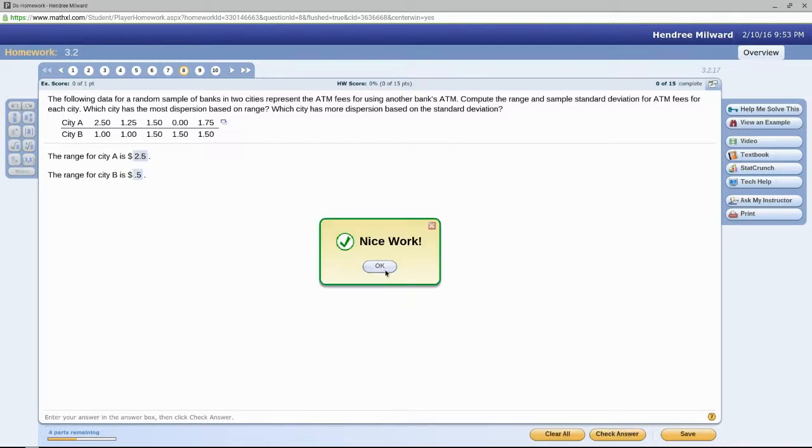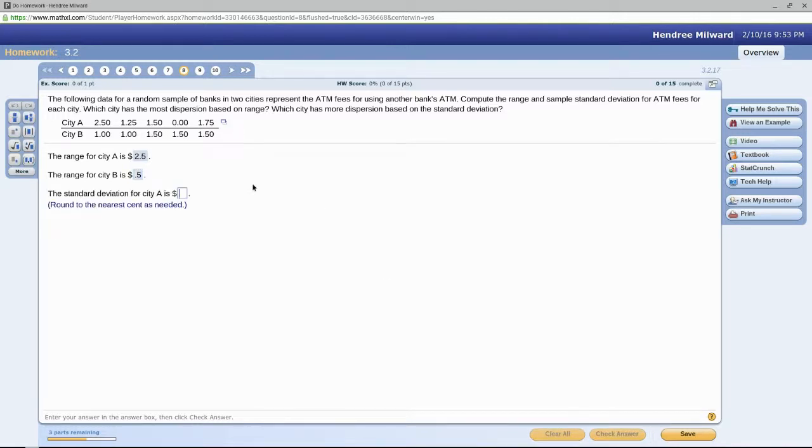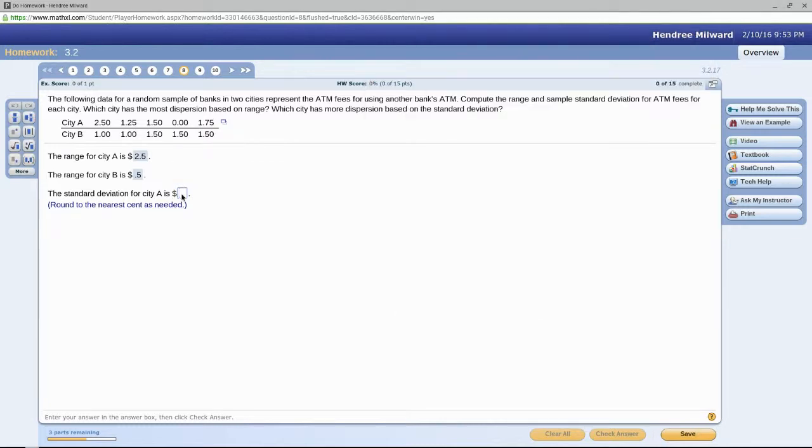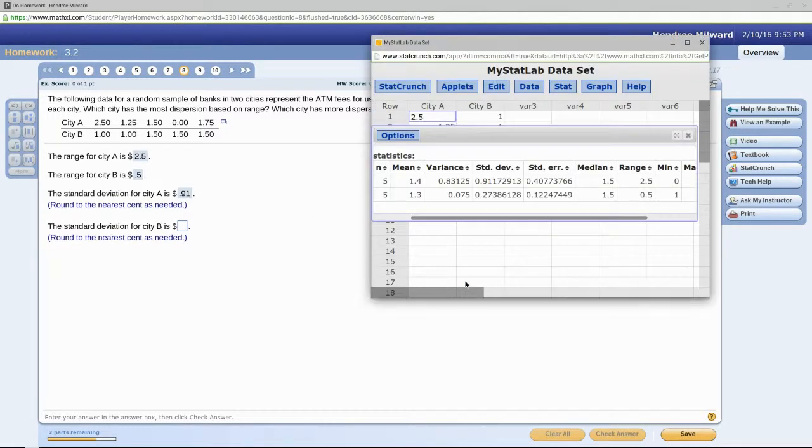Check the answer. Okay, the standard deviation for city A is 0.91. It says round to the nearest cent, so that's still 0.91. Yeah, sometimes I've heard from students rounding seems to be the hardest thing on some of these questions.